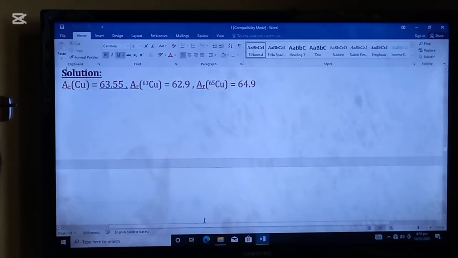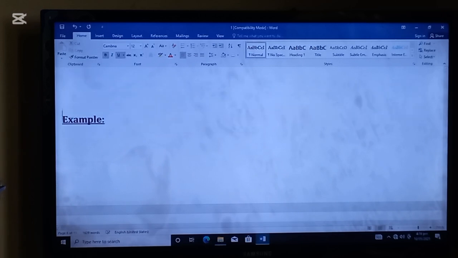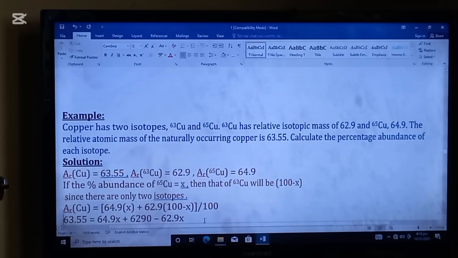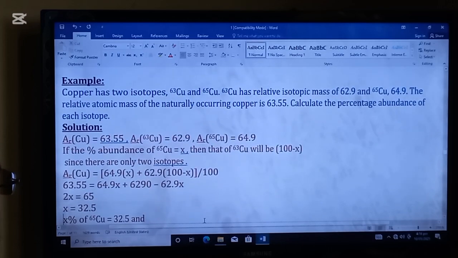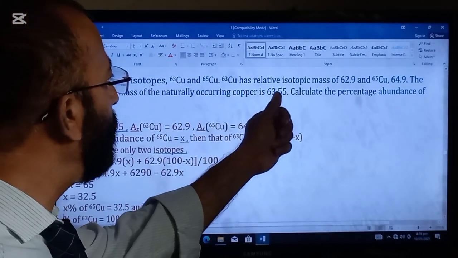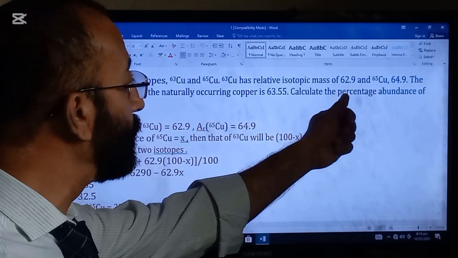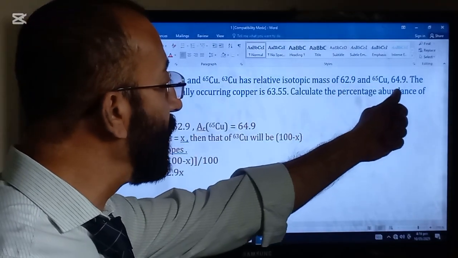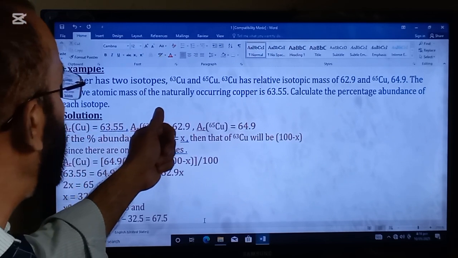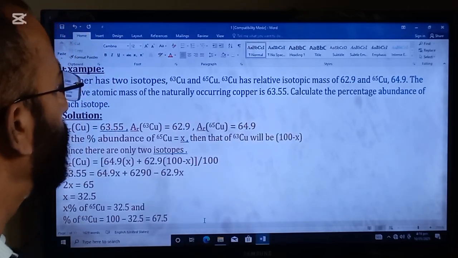Another question is here. Copper has two isotopes, copper 63 and copper 65. Copper 63 has a relative isotopic mass of 62.9 and copper 65 has 64.9. The relative atomic mass of naturally occurring copper is 63.55.